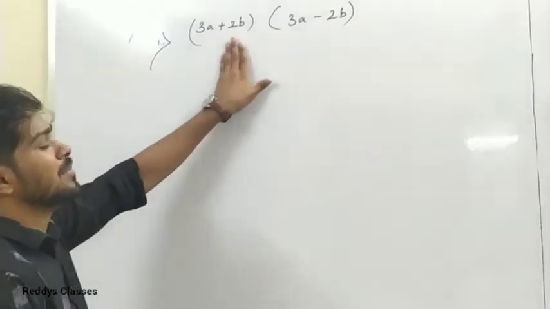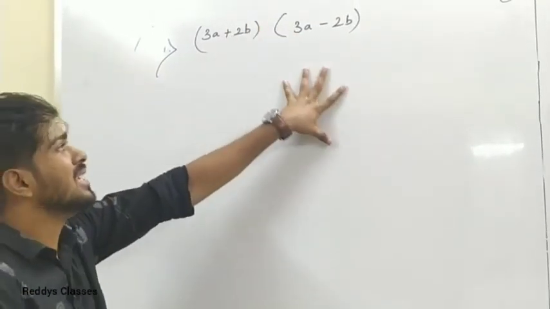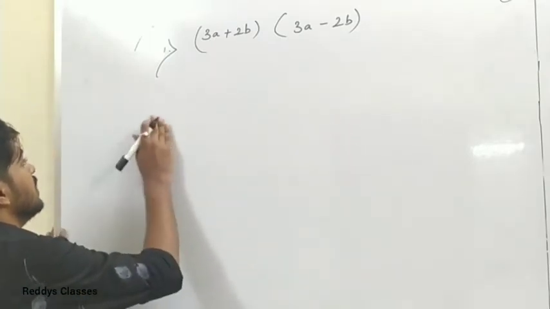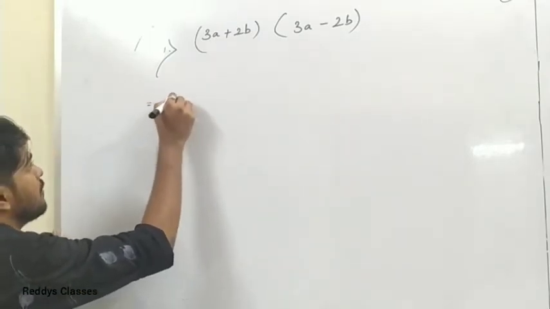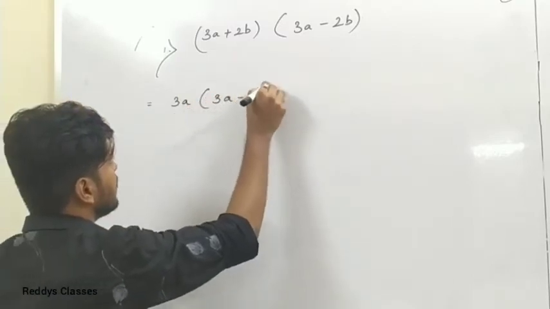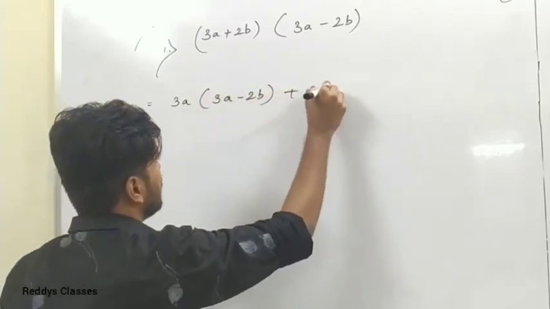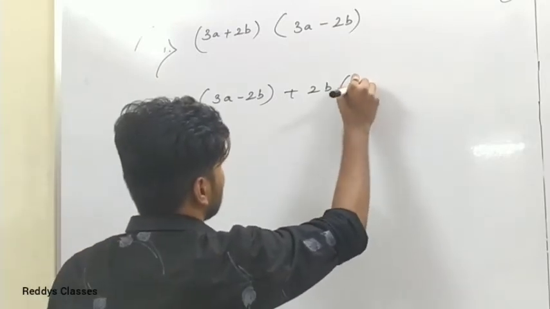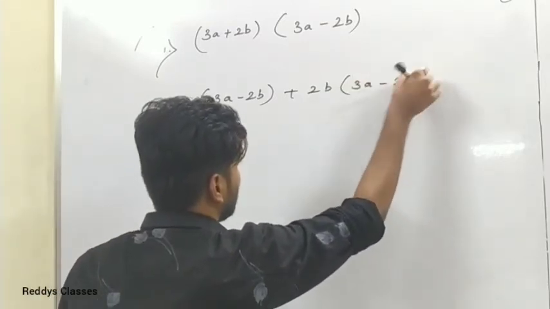We have the same type of question, (3a plus 2b)(3a minus 2b). Let us solve. Now we have 3a into (3a minus 2b) plus 2b into (3a minus 2b) again.